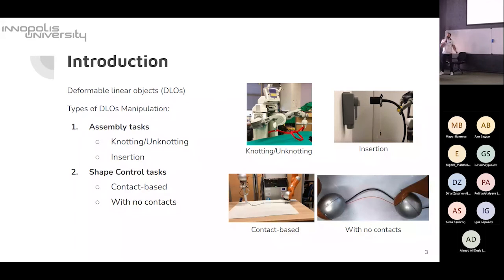What we mean by deformable linear objects are objects like cables, ropes, wires, etc. The manipulation of these objects can be categorized into 2 main sets. The first set is assembly, like knotting and insertion, while the other one is shape control, which means deforming the DLO, the object, from one configuration into another one.